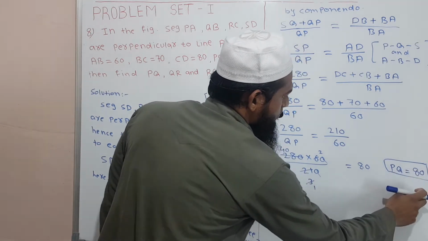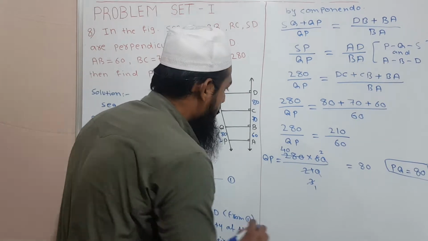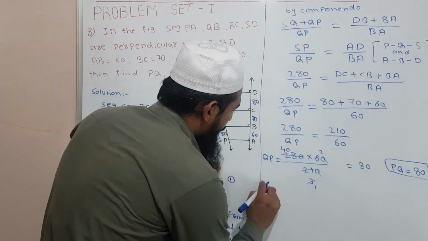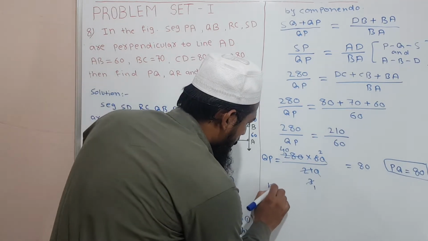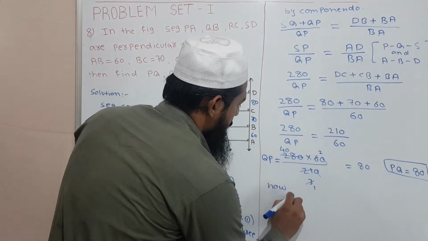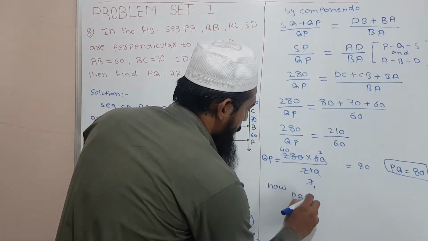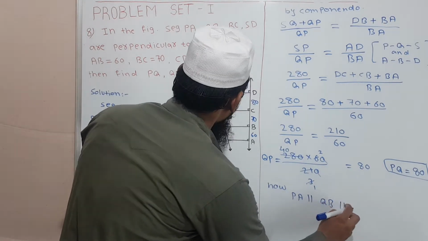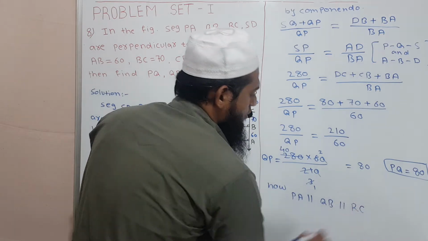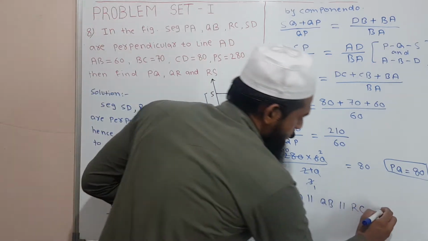Now we are taking these three lines PA, QB and RC. PA is parallel to QB, parallel to RC.